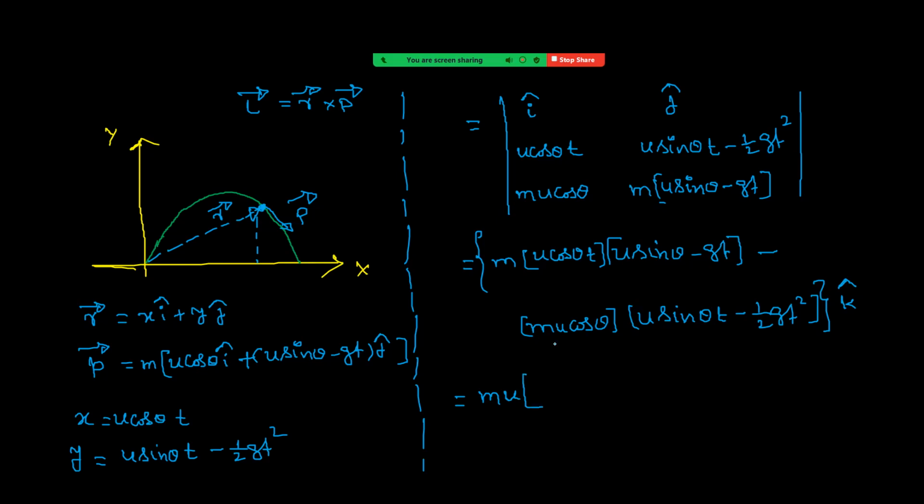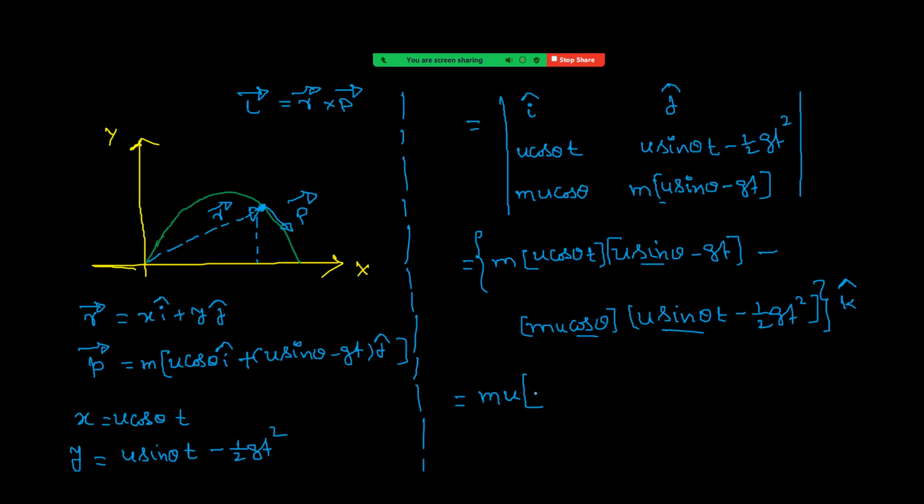See the remaining part: cos theta into t into sin theta, and here cos theta u sin theta into t. These two get cancelled. Remaining is u cos theta into t minus gt.